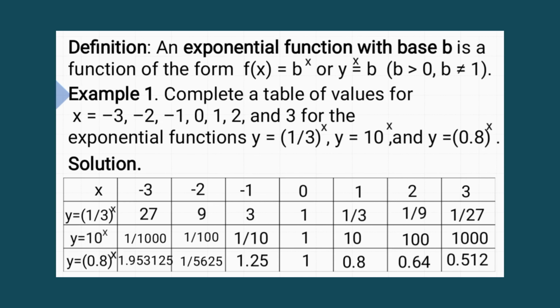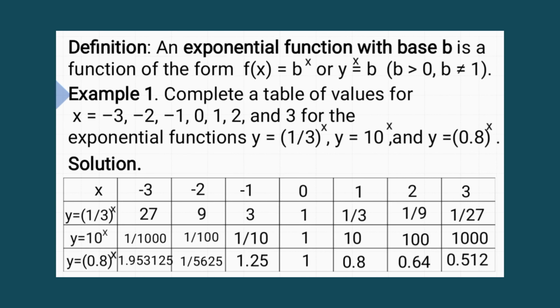We have a given function here and then we substitute the given values. So let's construct a table of values using the given values of x: -3, -2, -1, 0, 1, 2, and 3.